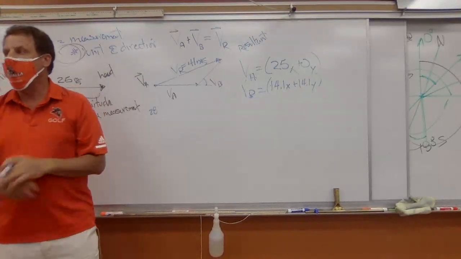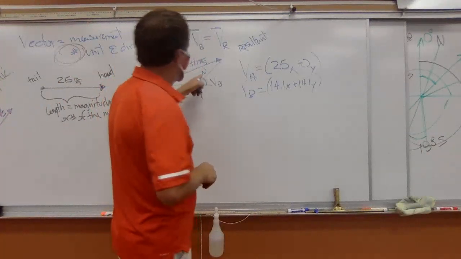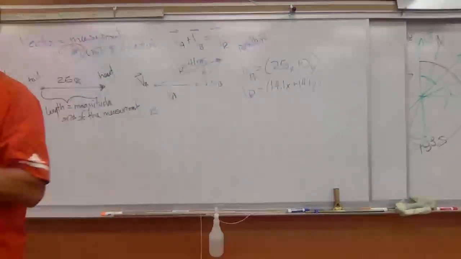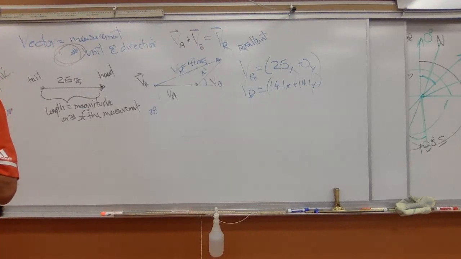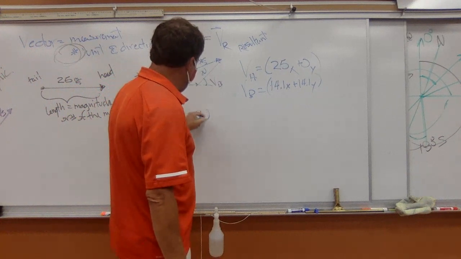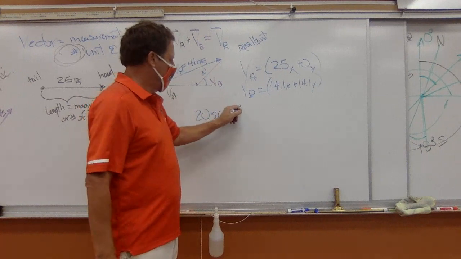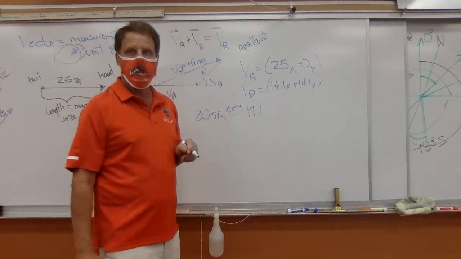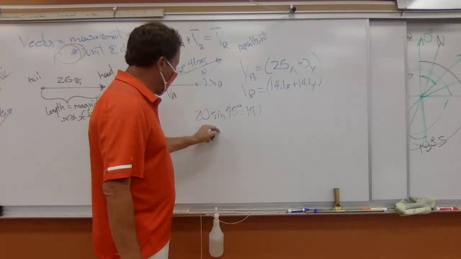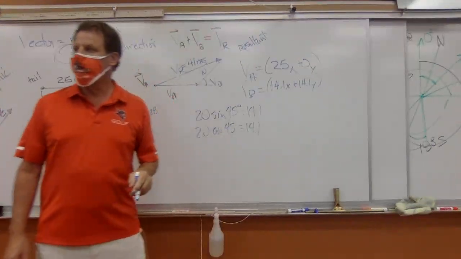Okay. If it was 45, and I know the hypotenuse is 20, then how am I going to determine the x value and the y value? We're going to use trig, okay? So if I said 20 sine 45, that's going to give me 14.1. Now, if I said 20 cosine 45, it's going to be 14.1.